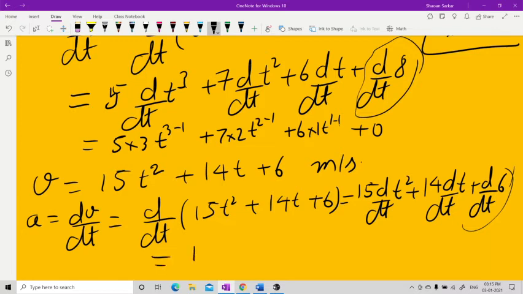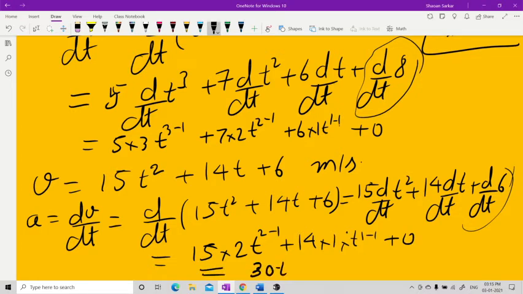So this is 15 into 2t^(2−1) plus 14 into 1 into t^(1−1) plus 0. So this is going to become 30t + 14 meter per second square. So this is the way we find velocity and acceleration.